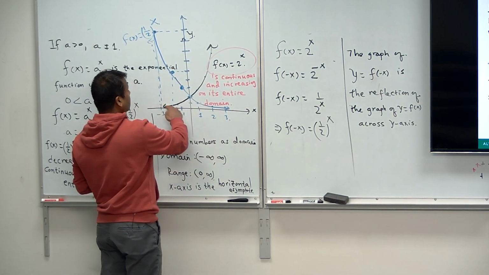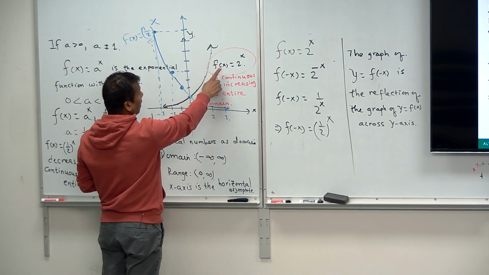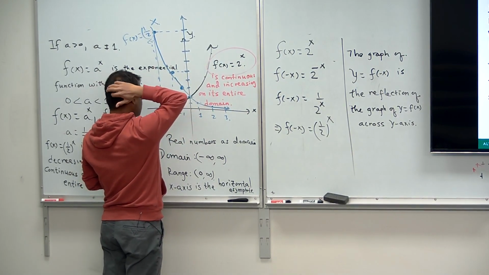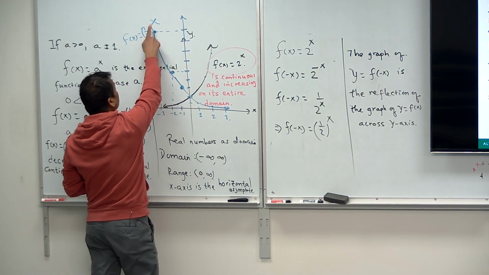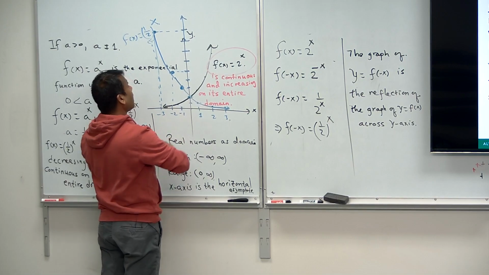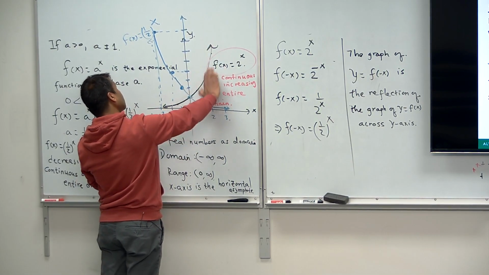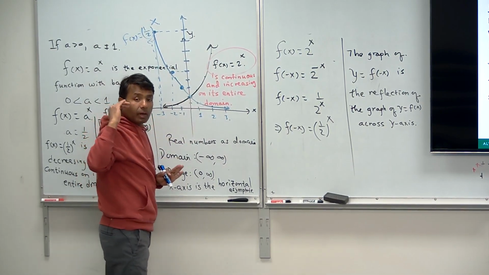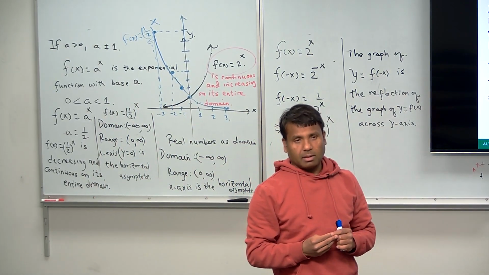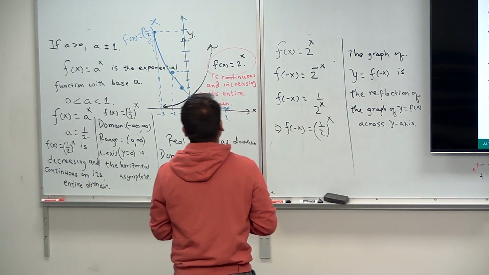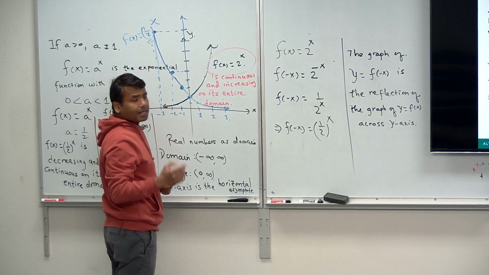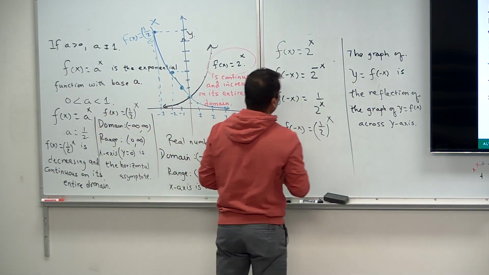So the blue one is the reflection of the black one, right? The blue graph is the reflection of the black graph across y-axis, right? You see, this graph is reflected here, and you got this graph. Make sense? Okay.